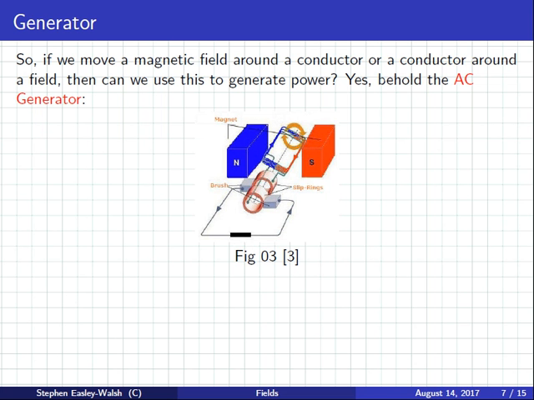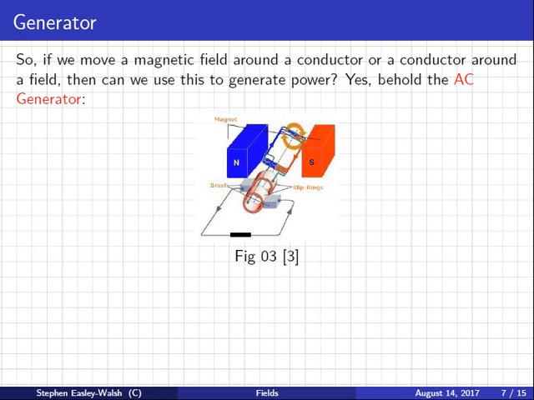And I want you to understand that that's the same thing as if we don't move the magnet but move the conductor. You understand? If I move the magnet, I can make a current in the conductor. If I don't move the magnet but instead move the conductor, it's the same effect. So that's what's happening here.